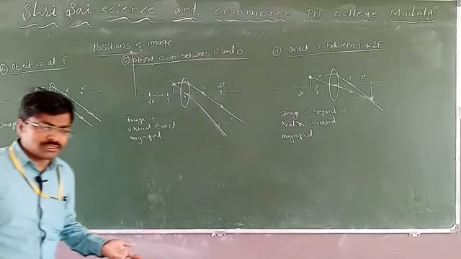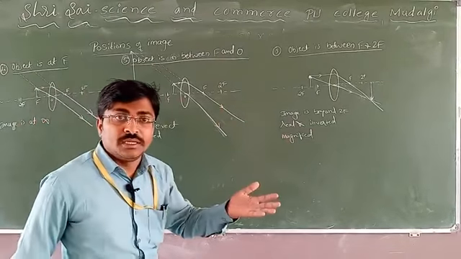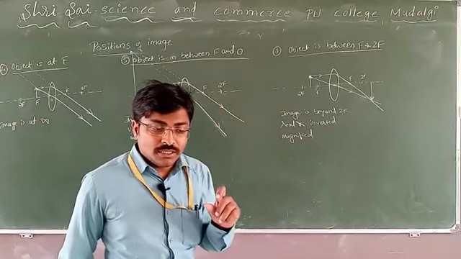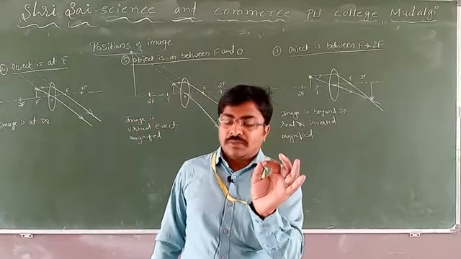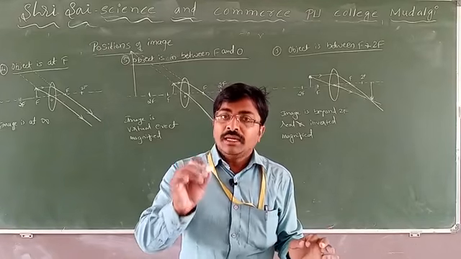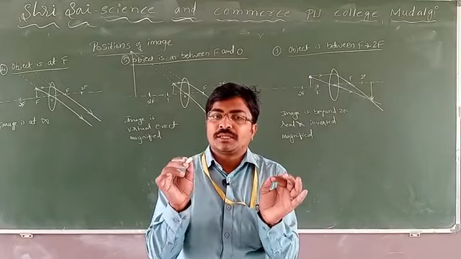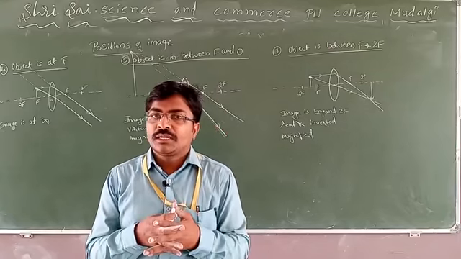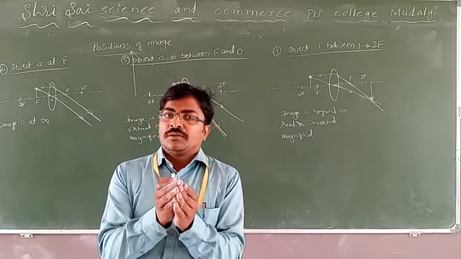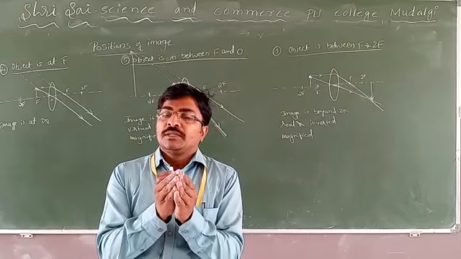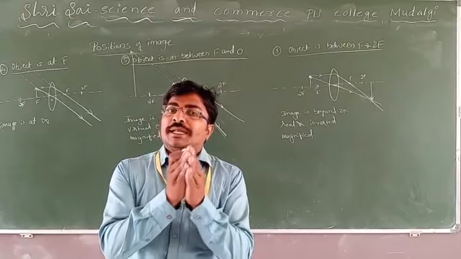No image means the image forms at infinity. One-mark questions like this are asked: when do we get the real image, and when do we get the virtual and erect image in a convex lens. An example question: at what position of the object is the image virtual and erect?